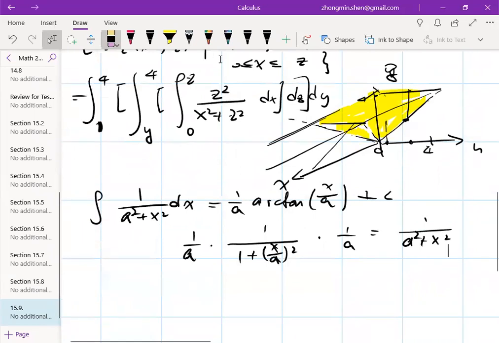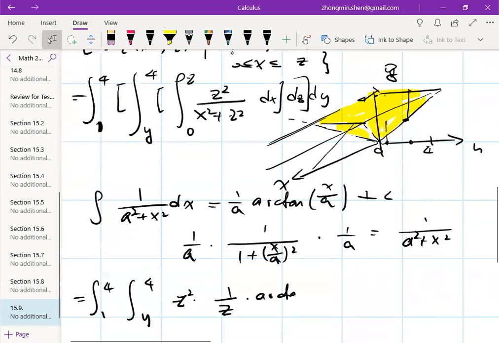So be careful with this triple integral. First of all, look at the z squared. z is a constant, like the a here. So it's going to be z squared, and then 1 over z arctangent of x over z, evaluated from 0 to z, and then dz dy here.